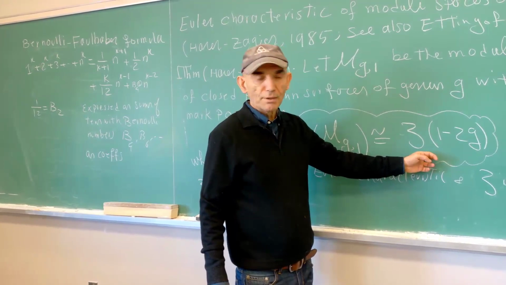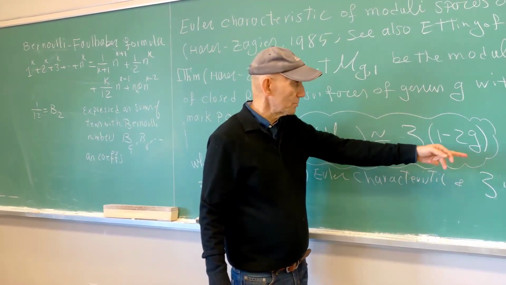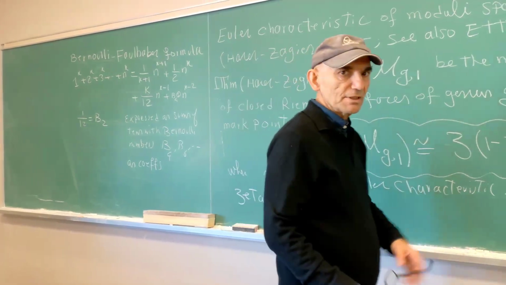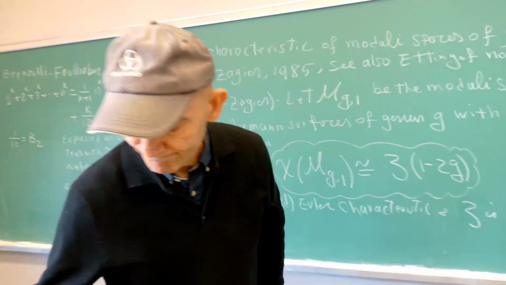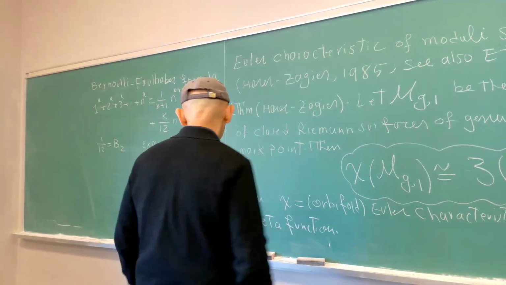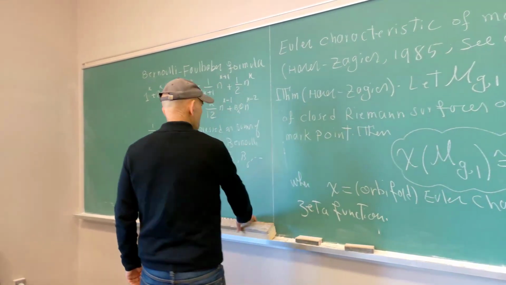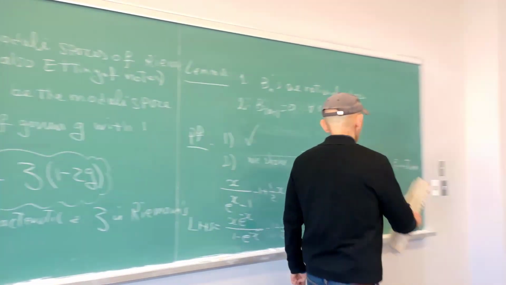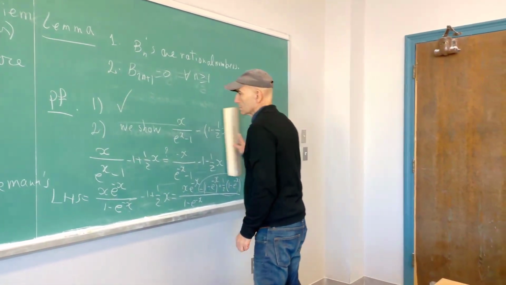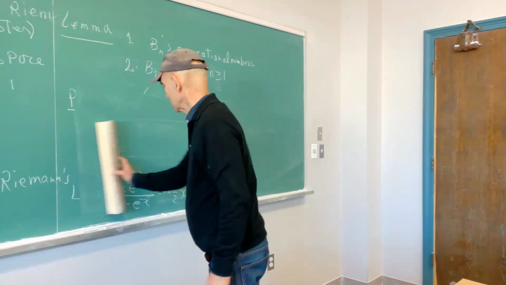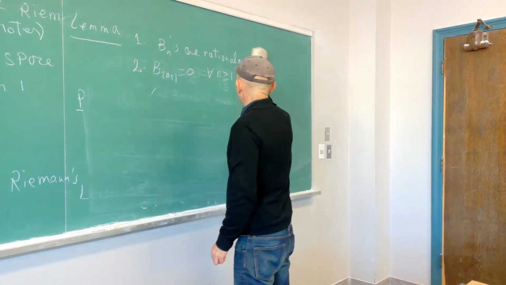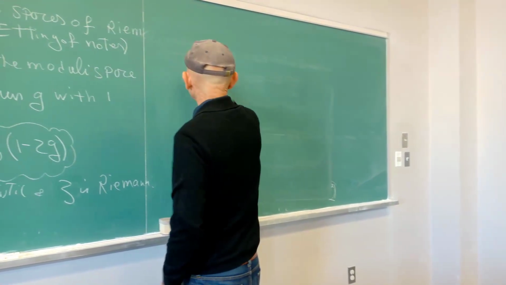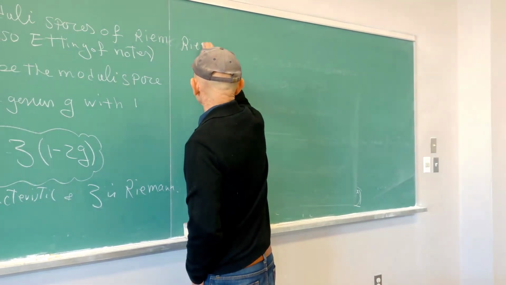this formula actually is quite remarkable. Let me tell you why. This is the formula that this is expressible in terms of Bernoulli numbers. Let me tell you just a little bit about that, and then leave this aside. Okay, so now we have Riemann's zeta function.